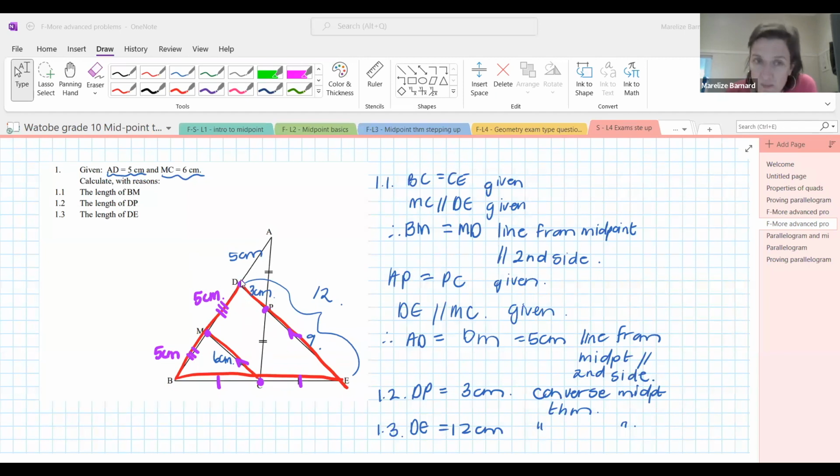That means D must be a midpoint. So AD is equal to DM is equal to BM. And AD was 5, so DM is 5, and MB is 5 because they're all midpoints, so they must all be equal in length.